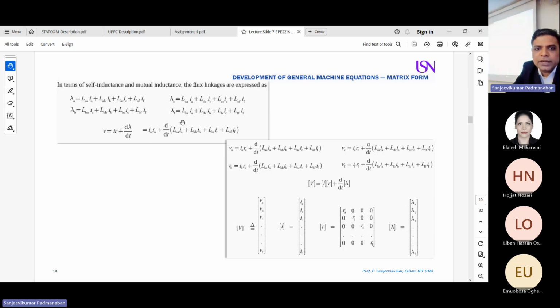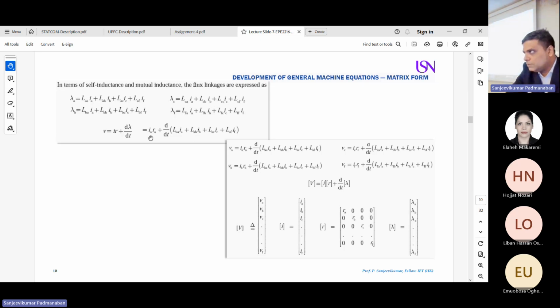Also, it is proportional to the rate of change of your inductance and current, or I can say this is an impedance. Am I right? Current into inductance is impedance. Now I want to calculate the individual voltages across the three phases. How to calculate? You can use the equation. This is a generalized equation.